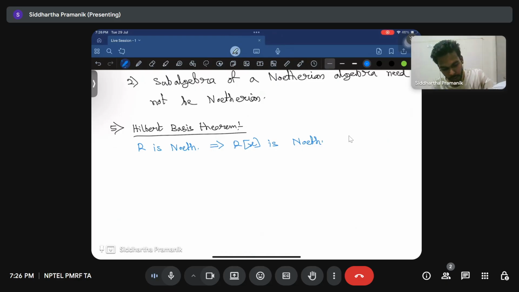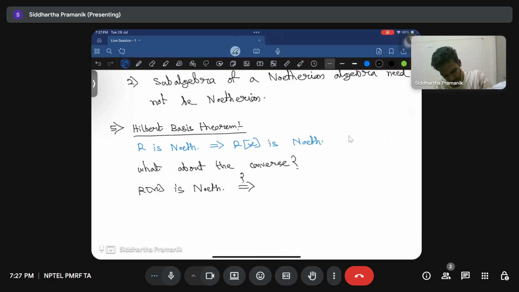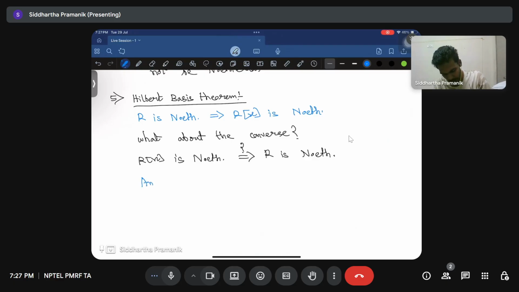So what about the converse? If we assume R[x] is Noetherian, can we say that R is Noetherian? The answer is yes.